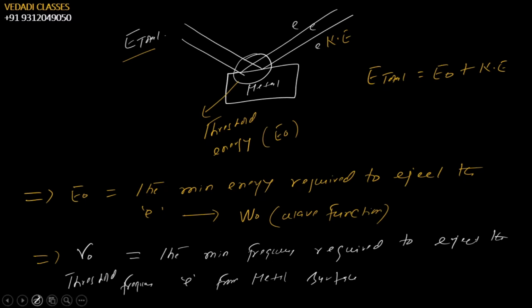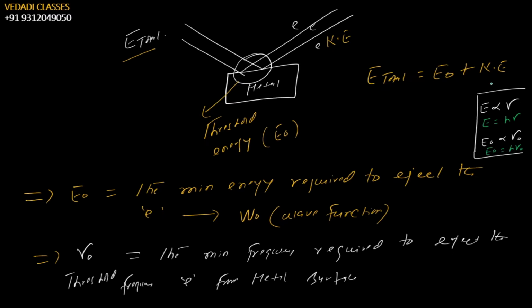Now come over here. E total, as we know, is directly proportional to nu according to Planck's quantum theory, and E naught is directly proportional to nu naught. So we can write E is equal to h nu and E naught is equal to h nu naught.